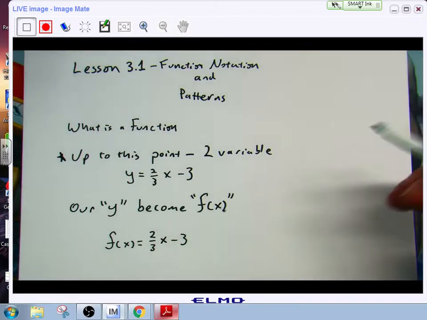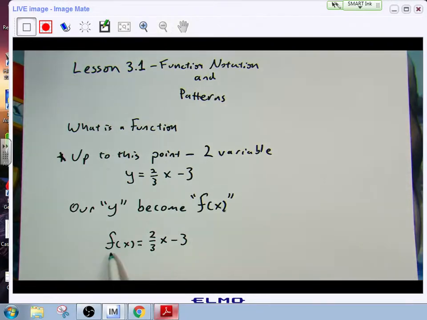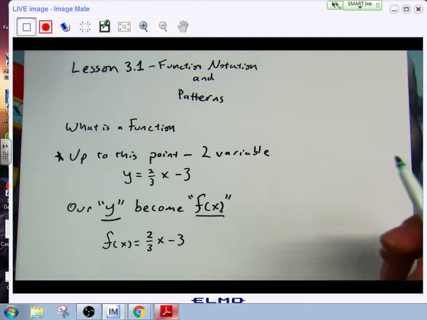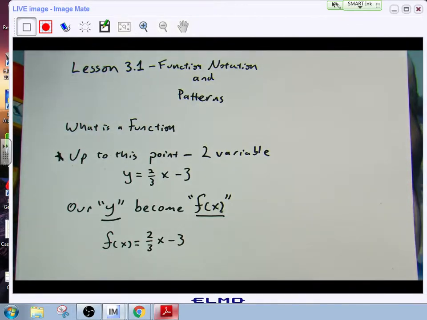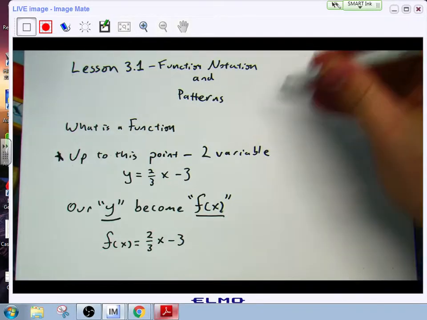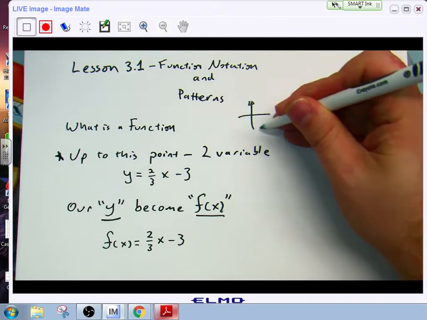When we view a function, we're viewing it as a machine. We have f of x, and f of x is analogous to y. They behave similarly, but it's saying something different. Before, when we said y, there was some number on our coordinate plane.